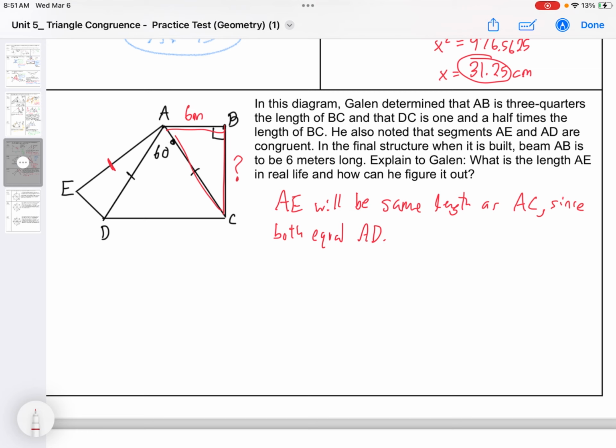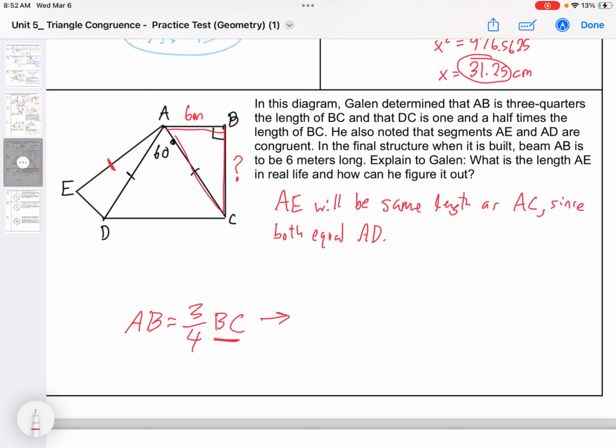Oh, they say AB is 3/4 the length of BC. You can even write an equation for that. AB is 3/4 of BC. Let's solve this for BC.